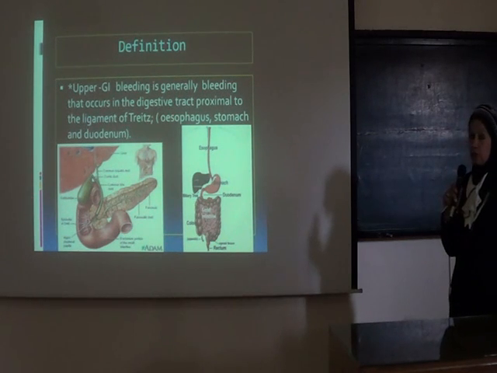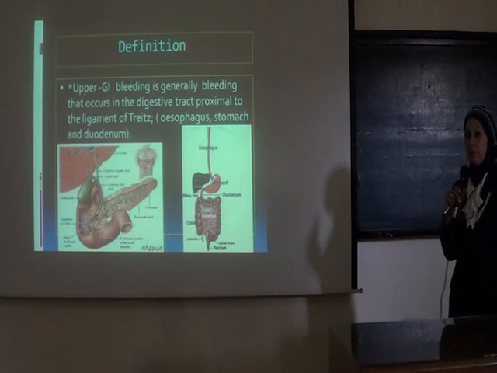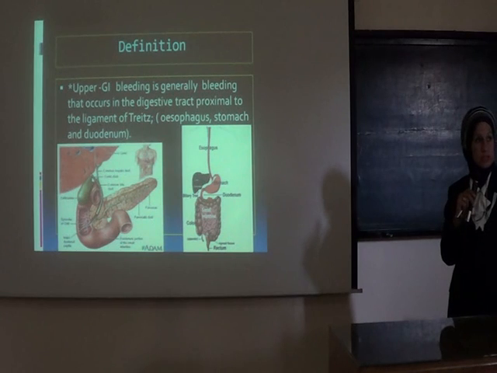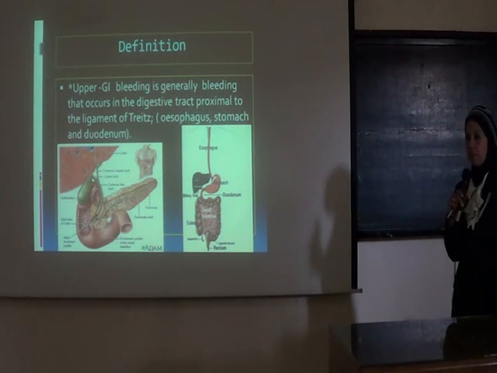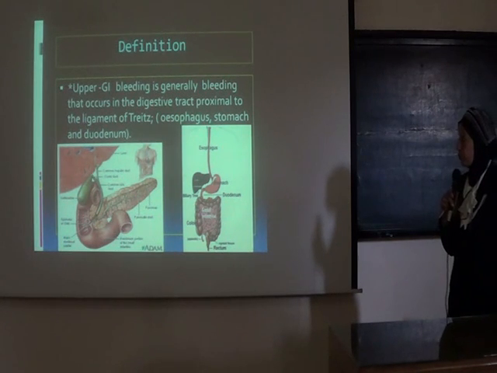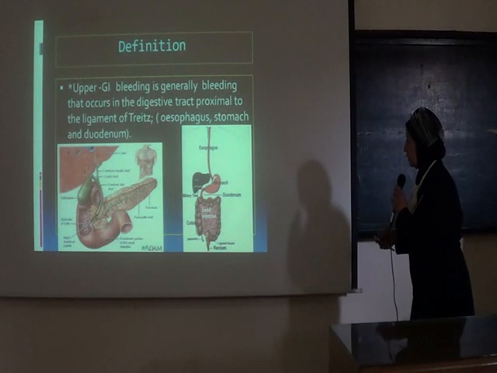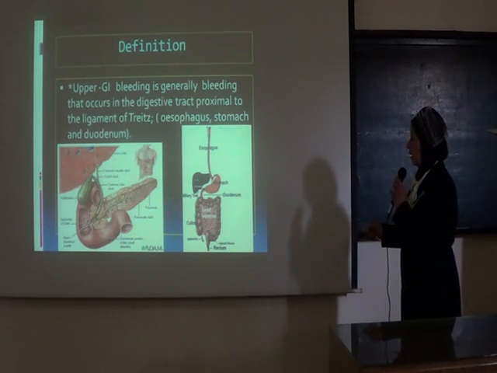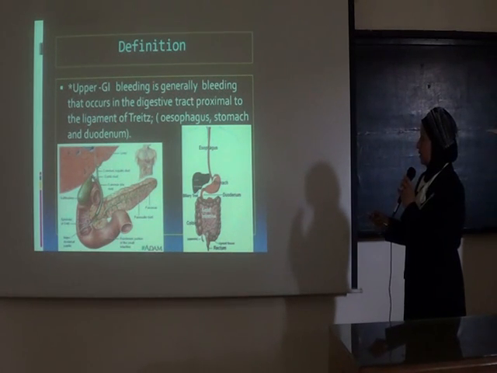So all parts of the upper GI tract could present with bleeding. The cause could be from the esophagus, from the stomach, or from the upper part of the duodenum. For simplicity, we can classify them as esophageal causes, gastric causes, duodenal causes, and causes from neighboring structures near the gut.